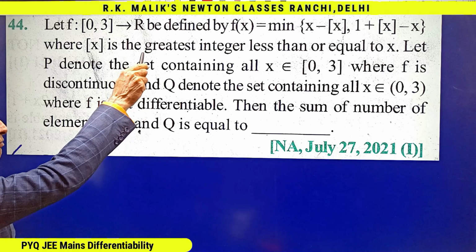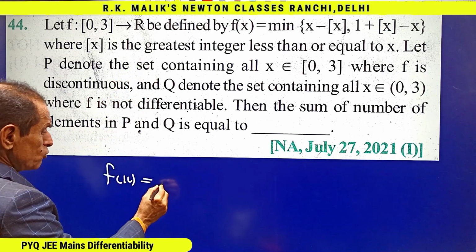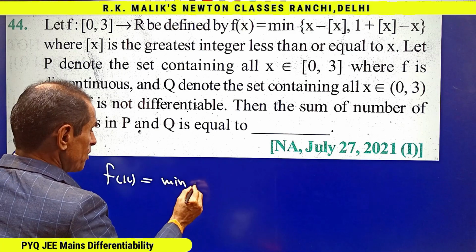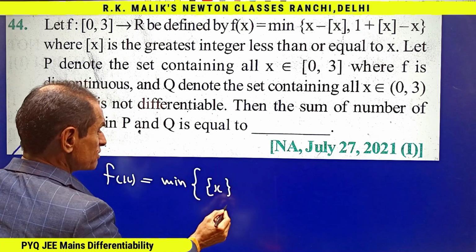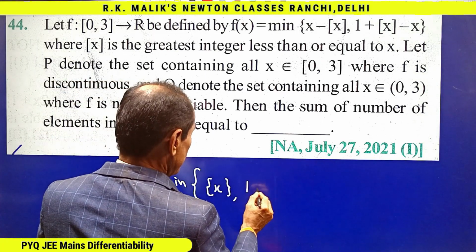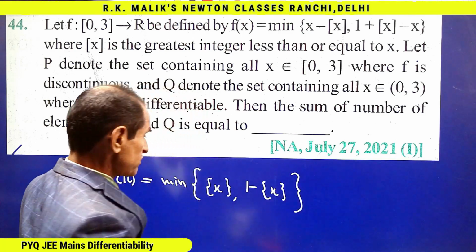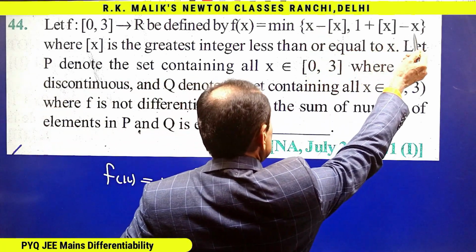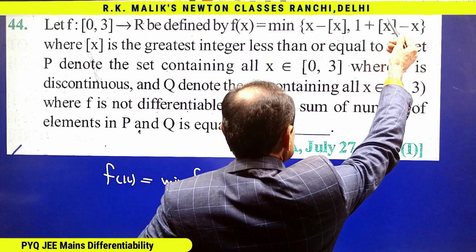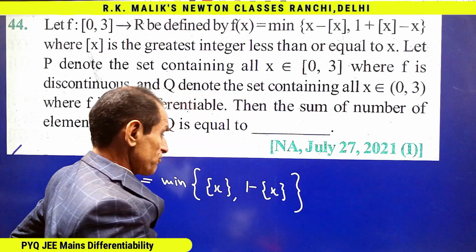Now the given information implies that f(x) is equal to the minimum of the fractional part of x and 1 minus the fractional part of x, because if I take minus common, the interior part will again become the fractional part of x.